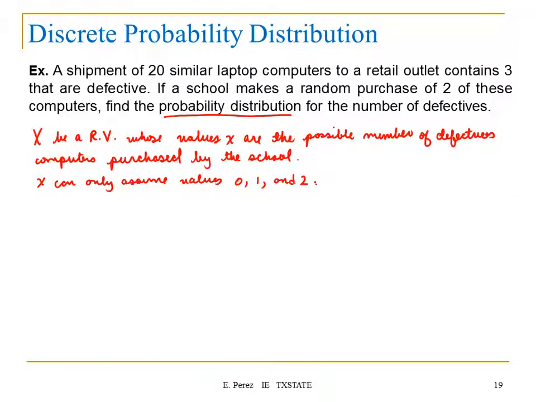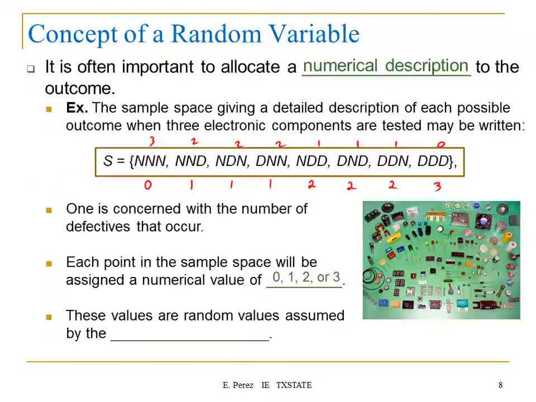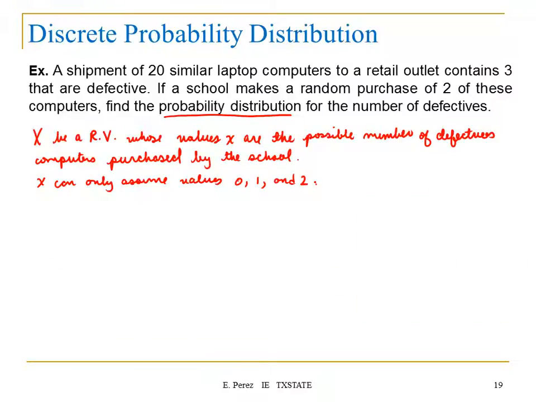Okay, so we defined the random variable, but now we need to find the probability distribution, and this is something that you don't know how to do, so I'm going to try to walk you through the process. Something that we know is that to compute the probability of an event or an outcome to happen, we need to know the number of outcomes from the sample space.